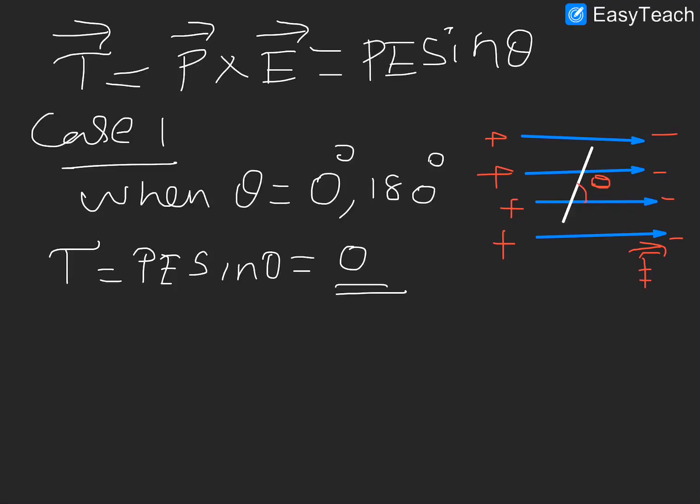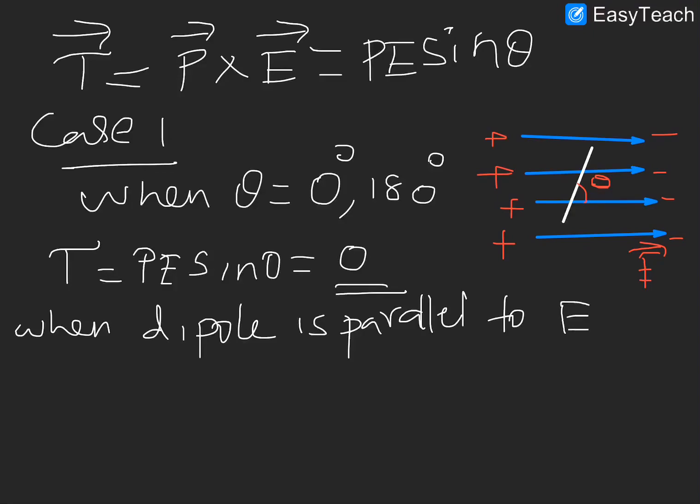That means when your dipole is along the direction of the electric field, that is, parallel to the electric field, theta will be 0. There won't be any angle. Then torque will be 0. That means when you keep your dipole in the same direction as the electric field, your dipole will not rotate. It will be in the same position.